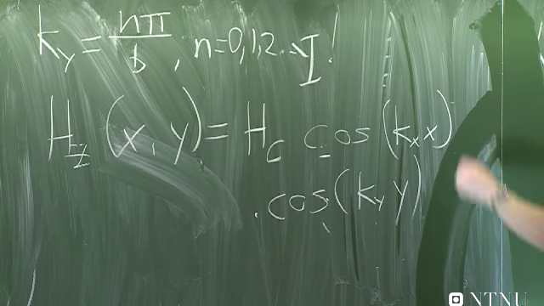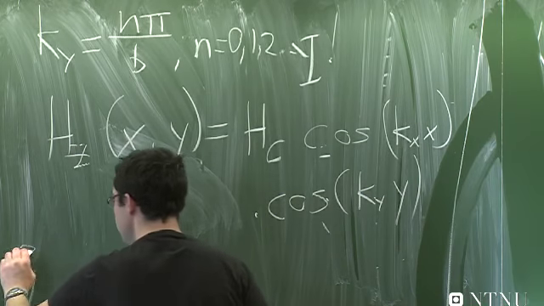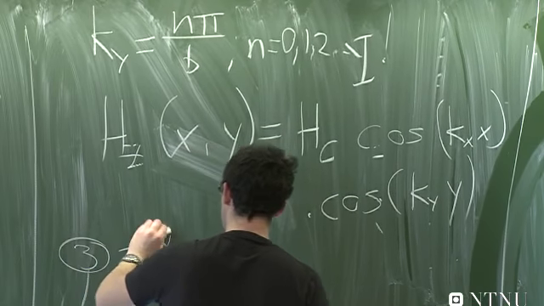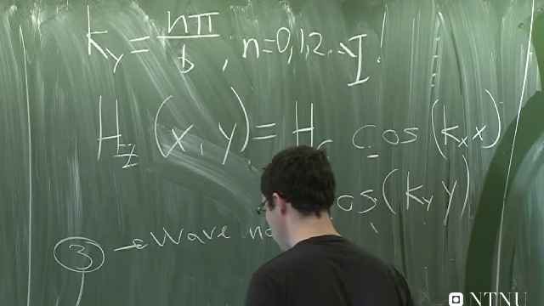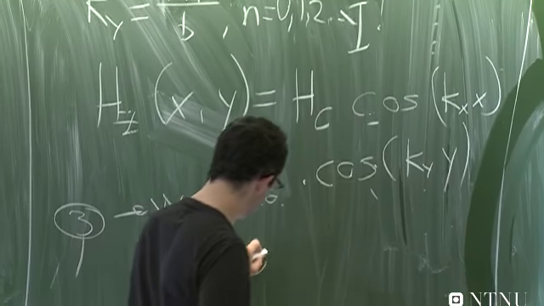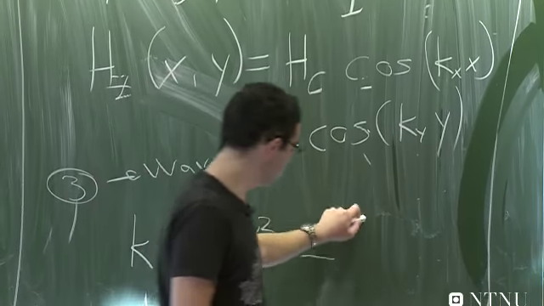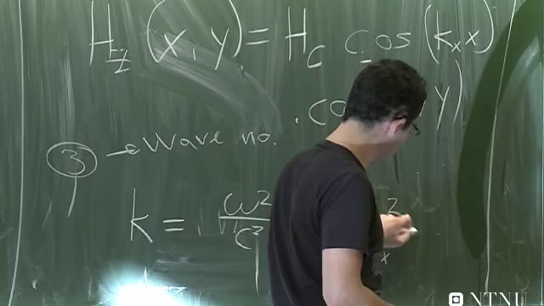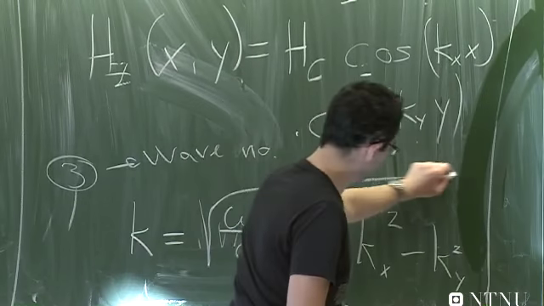And from equation 3, I get the wave number. And that is as follows. k is equal to the square root of omega squared over c squared minus kx squared minus ky squared.